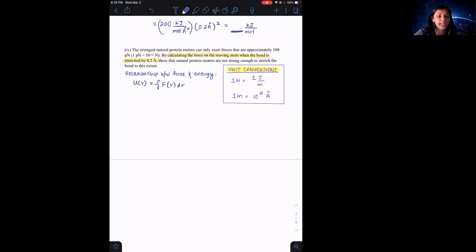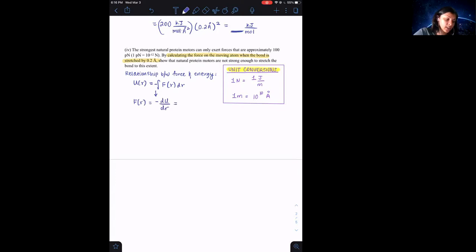That's not really necessary to do, but this equation for force would turn out to be that F of R is equal to negative dU over dr.